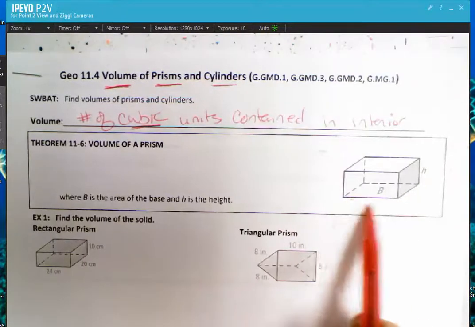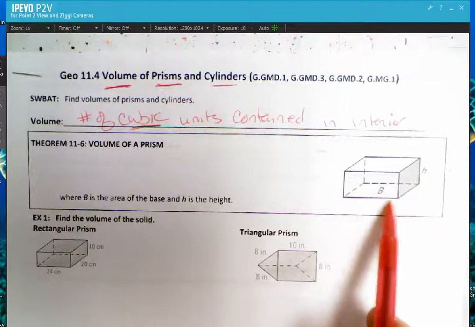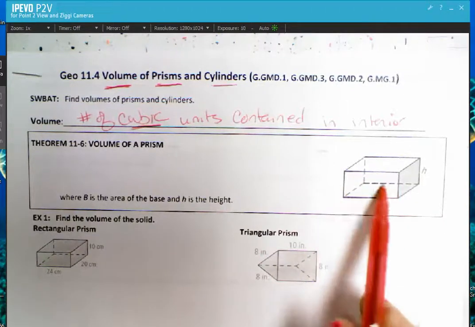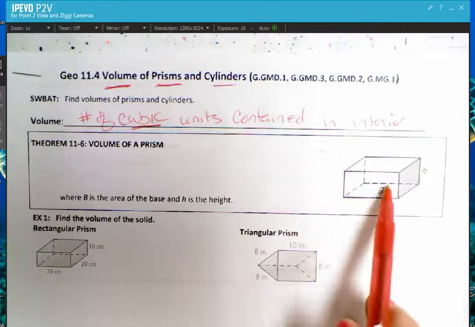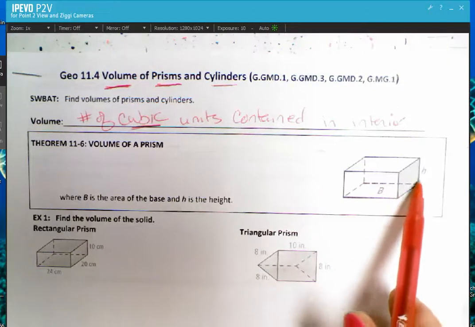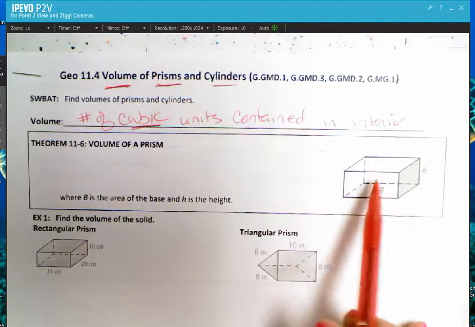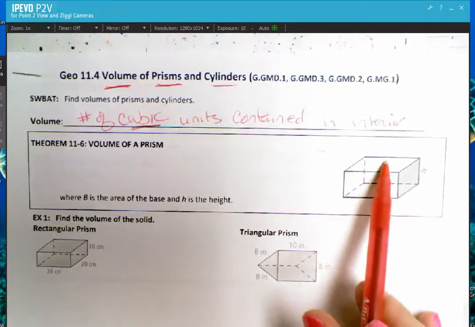If I were to take a layer of this base area and add another one on top and another one on top, so tiny, tiny layers, really all I'm doing is taking the base area and multiplying it by however many high each of those base areas would be to fill up everything inside this figure.